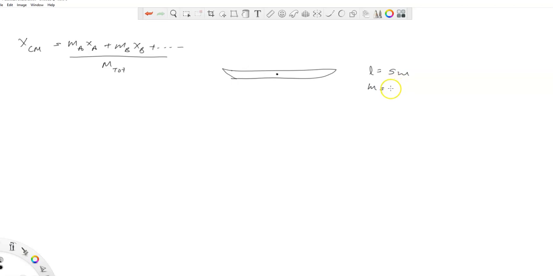The mass of this canoe is 100 kilograms, and there are 2 people in this canoe. So here's one person, he's 50 kilograms. Here's another person, he's 60 kilograms. This person is 1 meter from this end. This person is, let's say, 1 meter from this end. The question is, where is the center of mass of this entire thing?